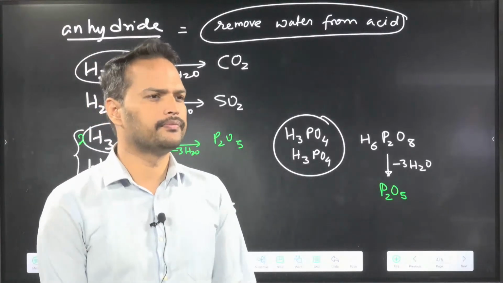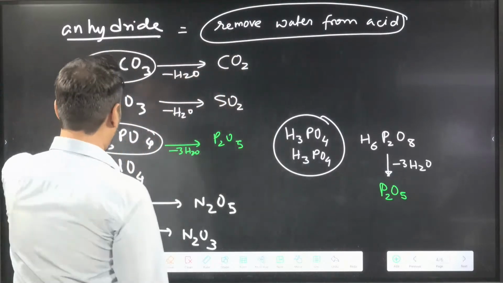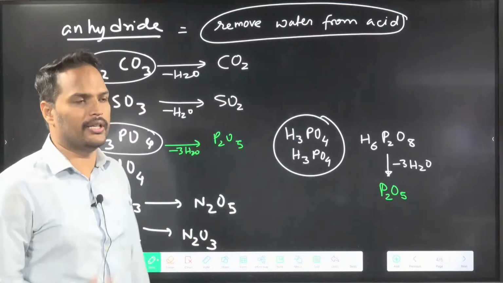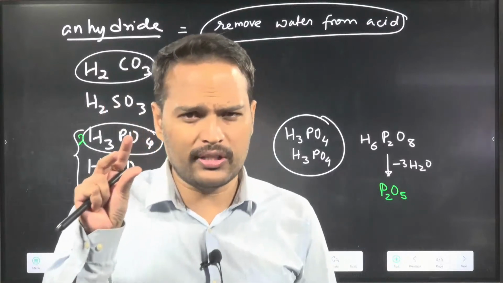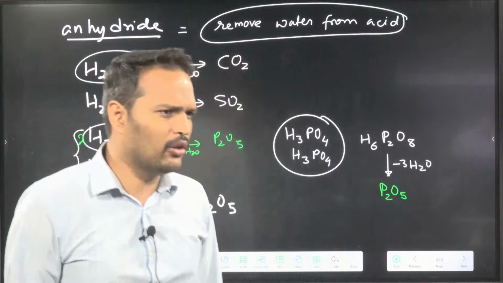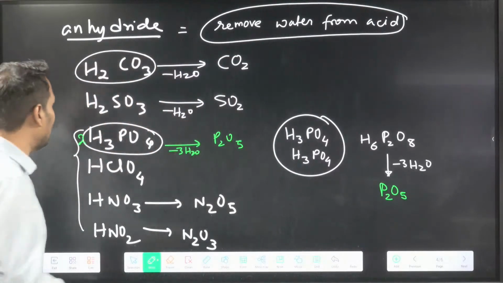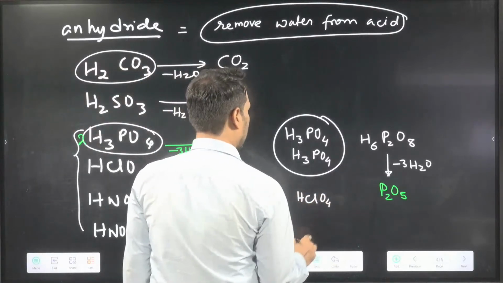Is it clear? So we are almost ending the lecture now. Do you remember which oxide we added in water and got HClO4 in the beginning? NCERT question also. NCERT solved example. Cl2O7. How to get Cl2O7? Take two molecules again.